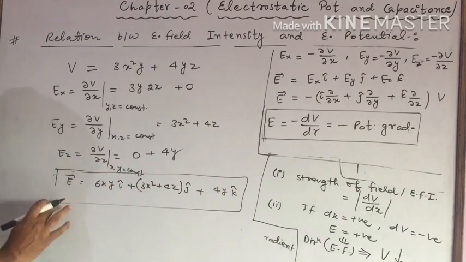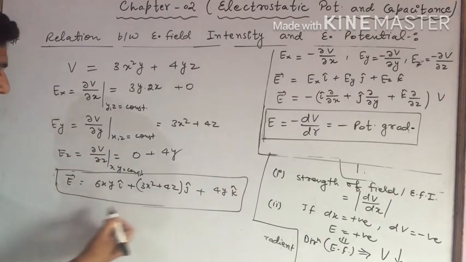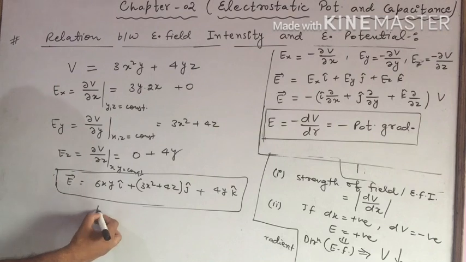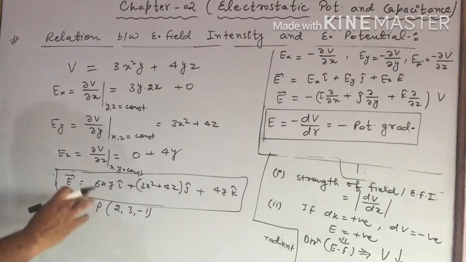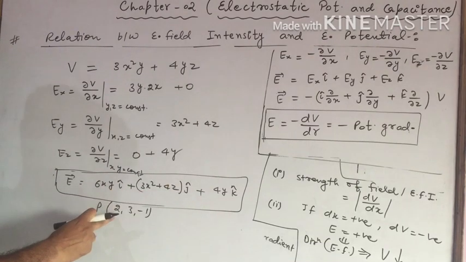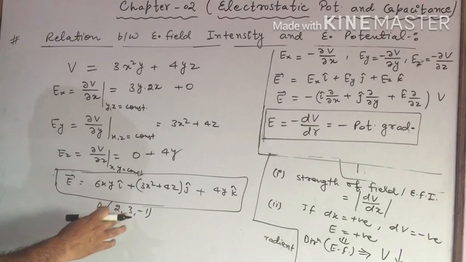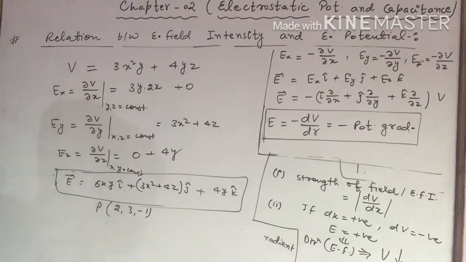If you want to find the electric field at a particular point, suppose you want to find it at a point P whose coordinates are 2, 3, -1. Then in place of x you will write 2, in place of y you will write 3, and in place of z you will write -1, and you will get the value of electric field.